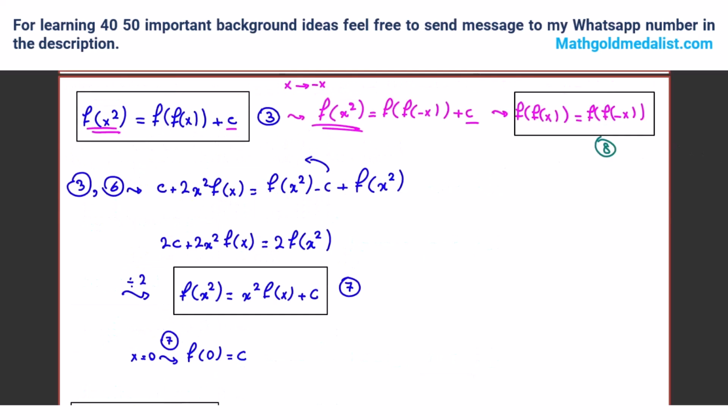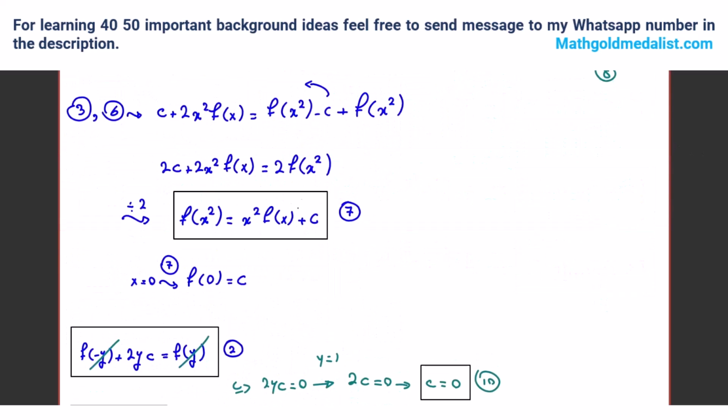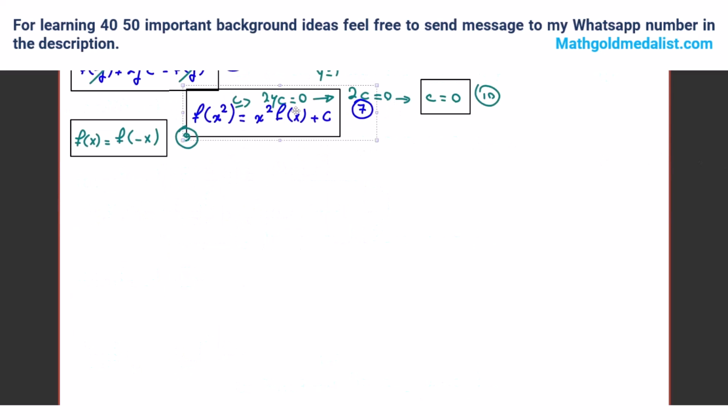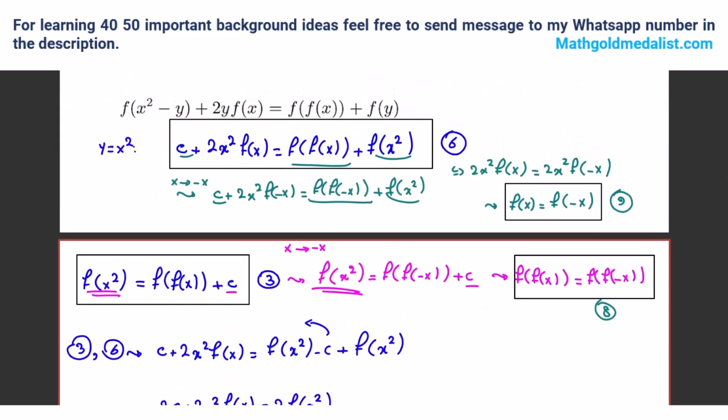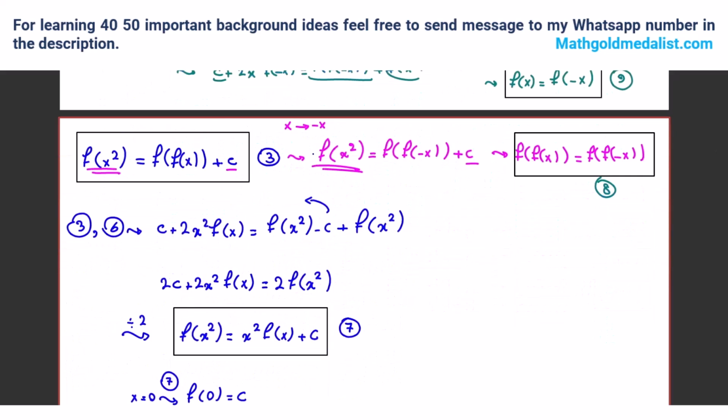Because c is 0, we can write this one, and we can say f of x squared is equal to x squared f of x. Also, we had something about f of x.